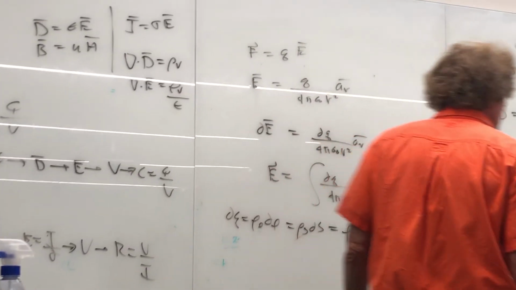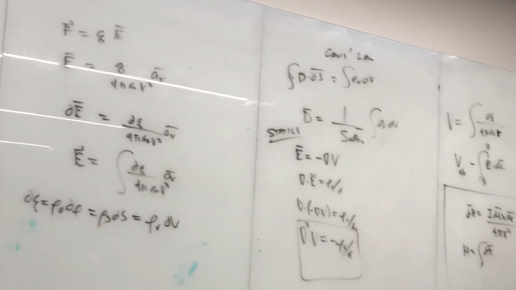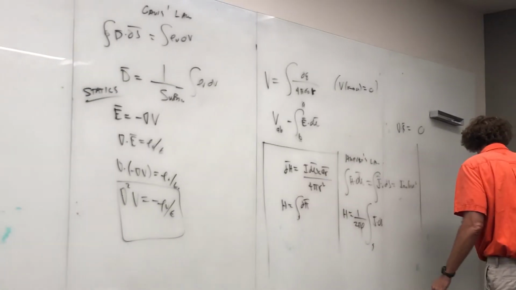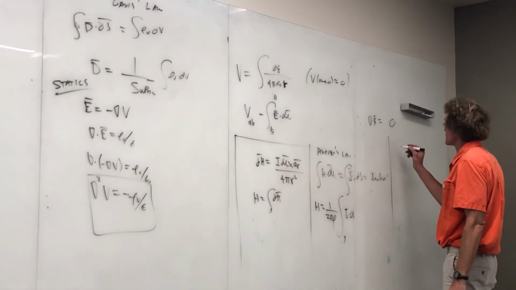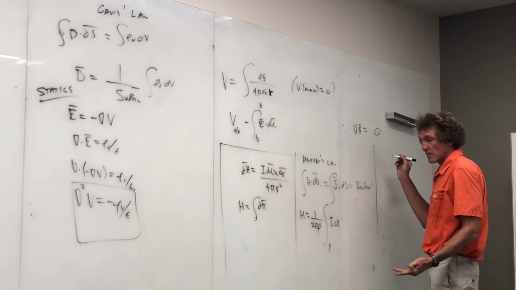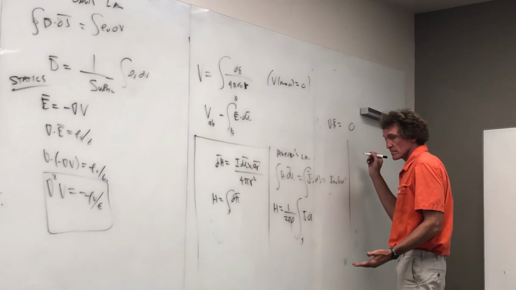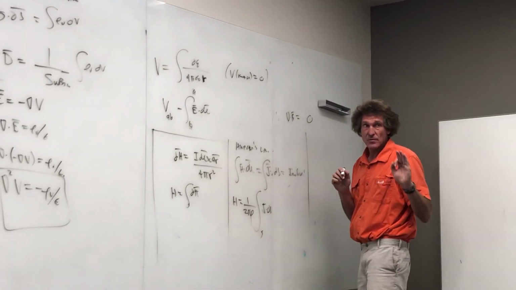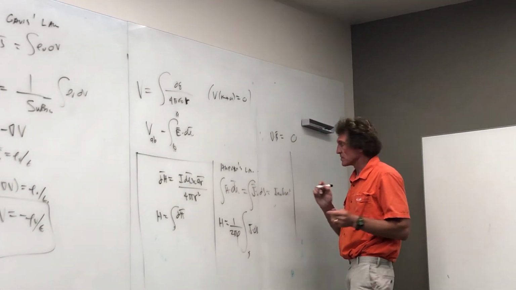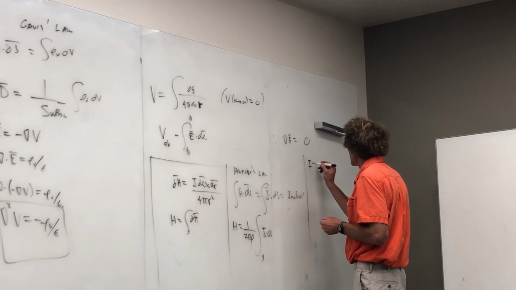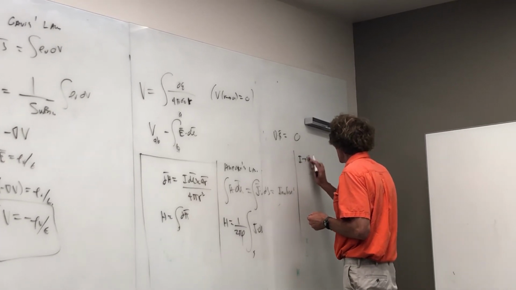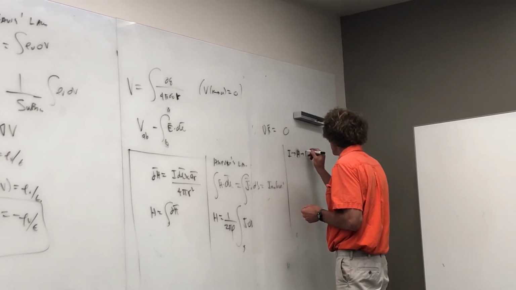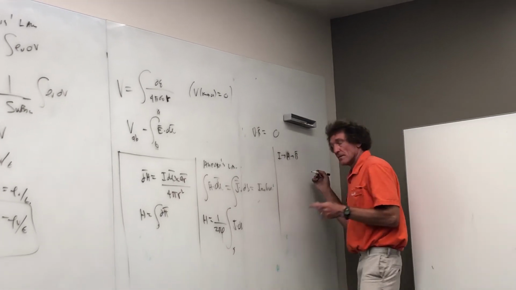For an inductance problem, the normal thing you do is you either assume I, or it's given, or J is given explicitly. It's one of those two. So from I, H, from H, B, and then you have a choice.